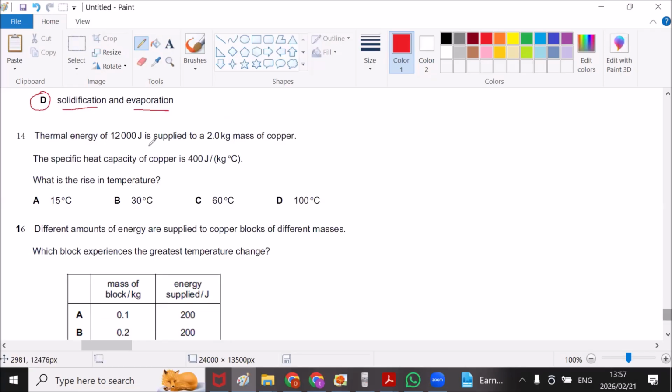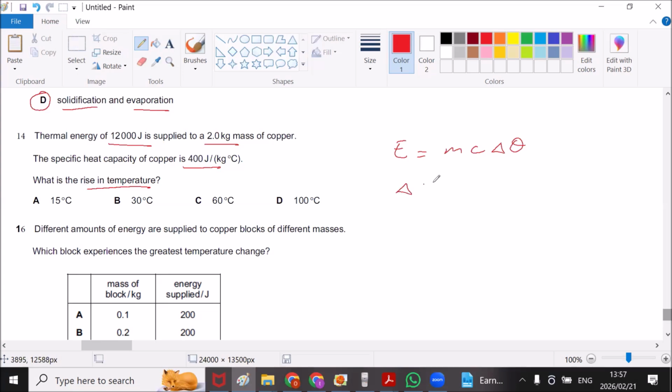Thermal energy of 1,200 joules is supplied to a 2 kg mass of copper. The specific heat capacity of copper is 400 joules per kg. What is the rise in temperature? E is equal to mc delta theta. So we want delta theta.